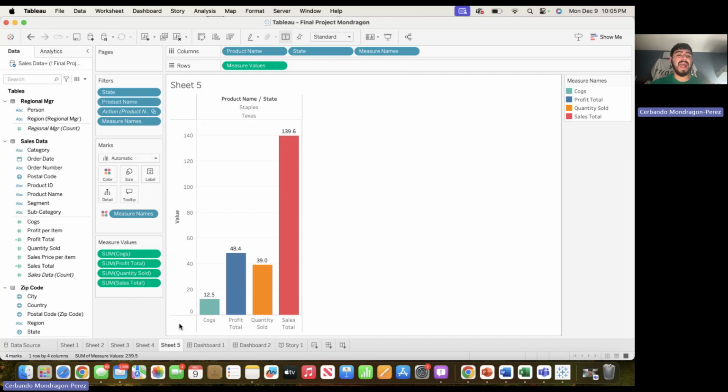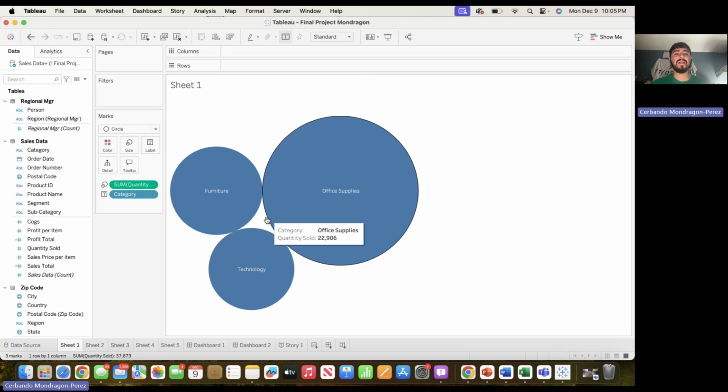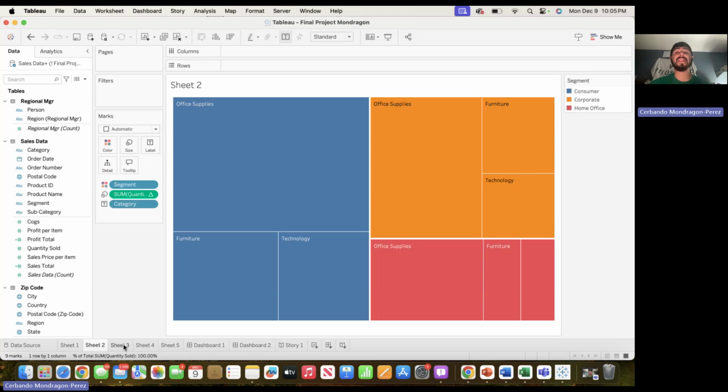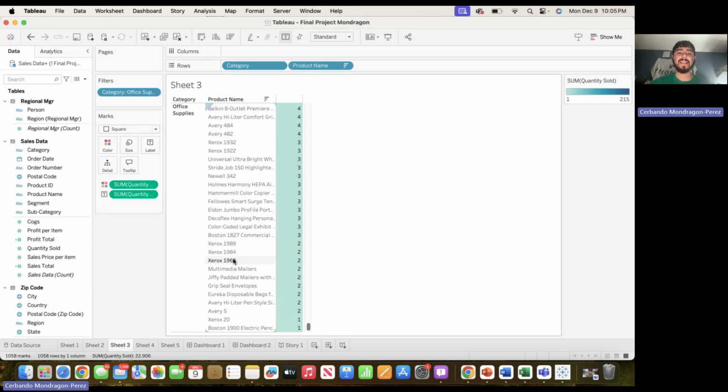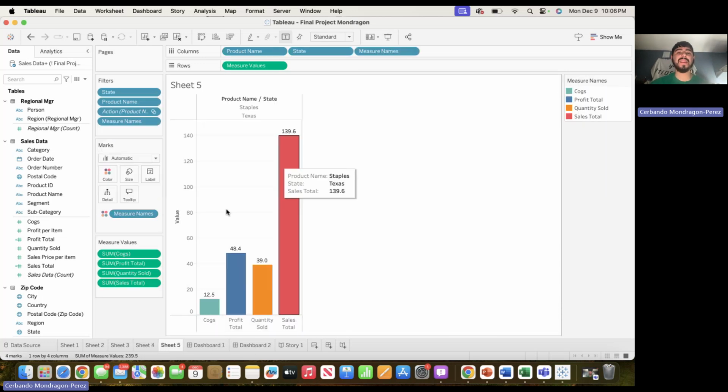Each one seems to have an analytical meaning. This one being categories sold, segments, it divided into segments, its product breakdown, its geographical location breakdown, and then its overall data in profit total, sales total, and quantity total.